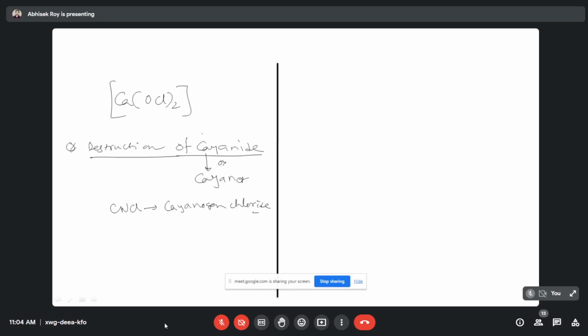So cyanide means essentially CN minus. Any CN minus, if it is present in the water, and you are using chlorine in the water, and it is transferred to hypochlorite ion, it will be like this: CN minus plus OCl minus.